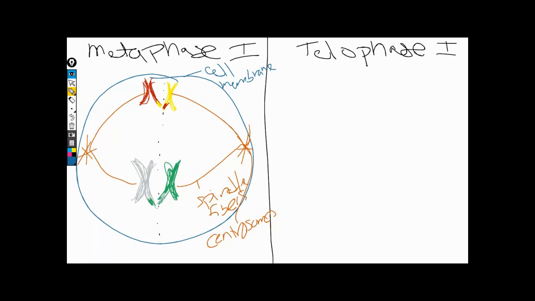All right. Let's pop over to telophase. Pretend that those are more or less equal. My capacity for drawing. There's my cell membrane. I've started the process of cytokinesis.